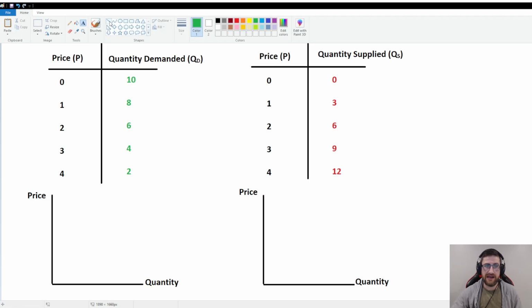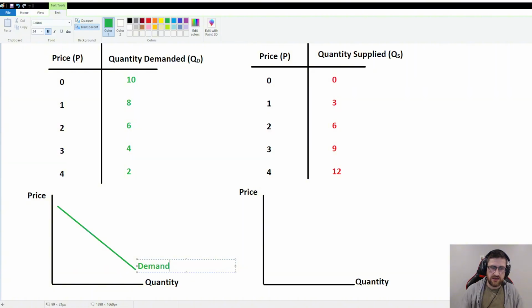Now, how do we graph it? Well, remember, as price goes up, quantity demanded goes down. So at high prices, I have very little quantity. But as the price goes down, the quantity gets bigger and we get our demand curve. Now you'll notice that I didn't really plot the points out.